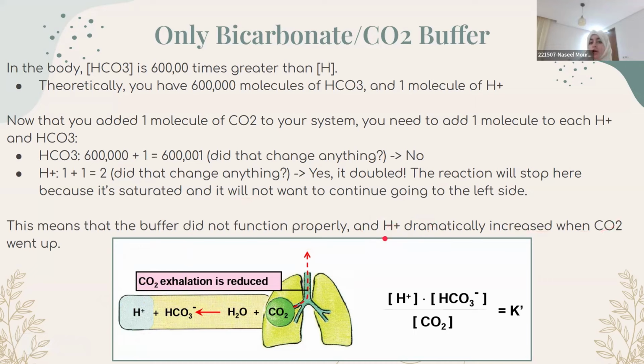And obviously, if your hydrogen doubled the number, that means your pH is going to change dramatically. And this is why we cannot use this buffer on its own. Okay, why am I going through all this? Because I'm showing you that you cannot use this buffer on its own. This buffer on its own cannot regulate the hydrogen, and you're just going to get a lot of hydrogen being produced.